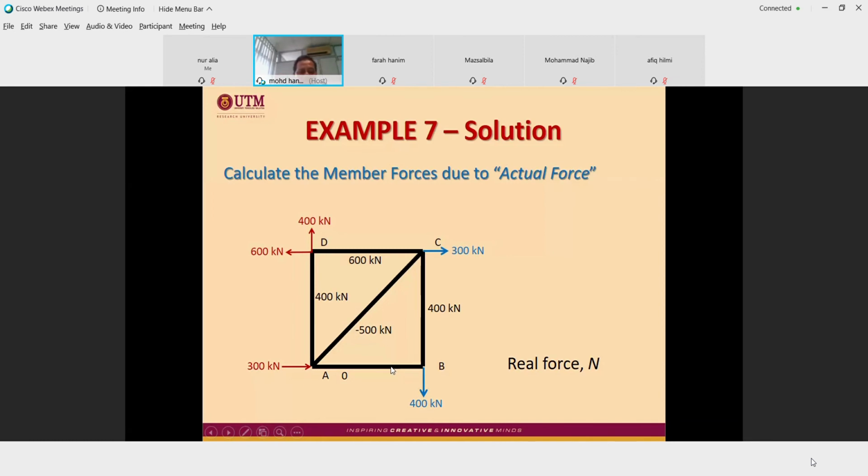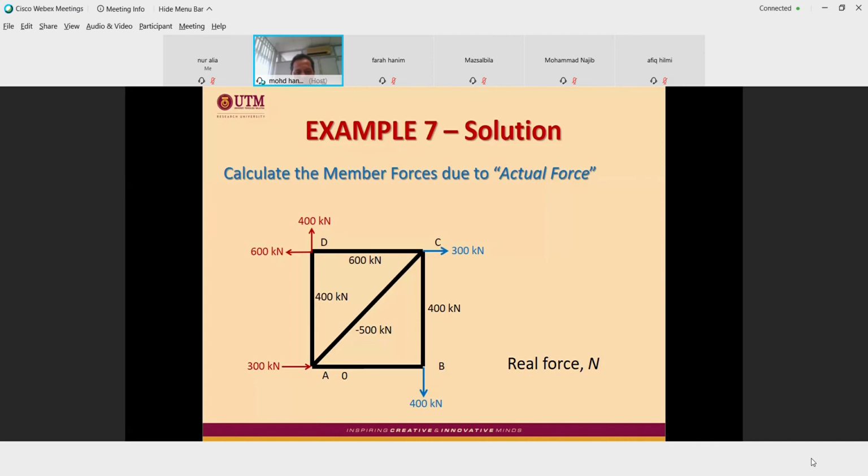So collinear does not necessarily mean two members, but also one member and one force. It is inline, collinear. So this one should be zero, whether this one is 30 degree, or 90 degree, or 60 degree, this one will be zero.